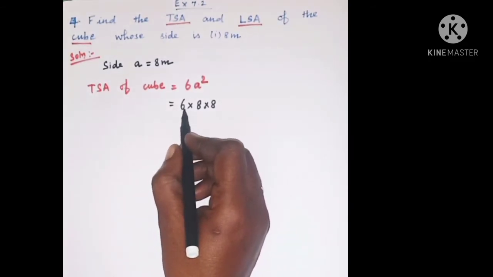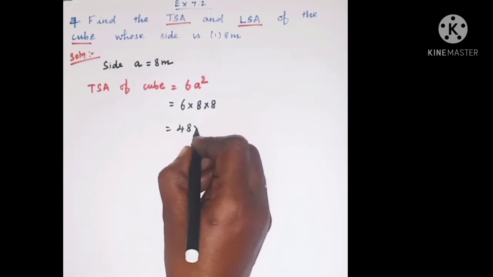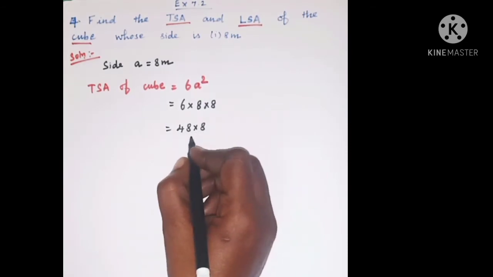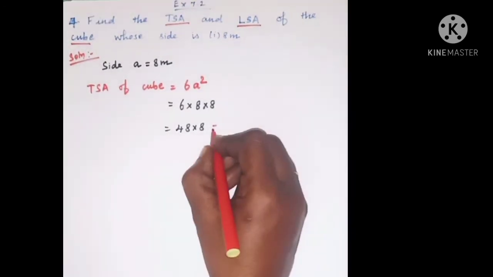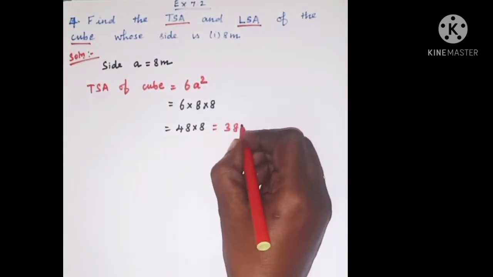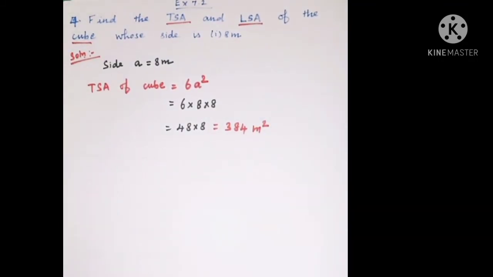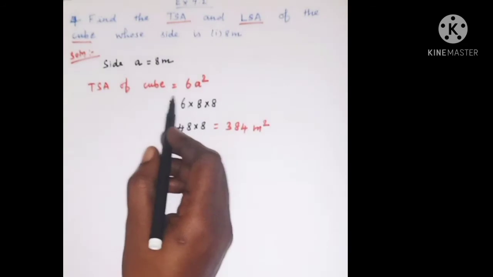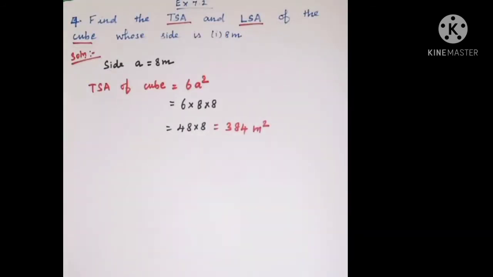Multiplying these three values, 6 into 8 is 48, into 8 is 384. So, the answer is 384 meter square. This is the total surface area of the cube.